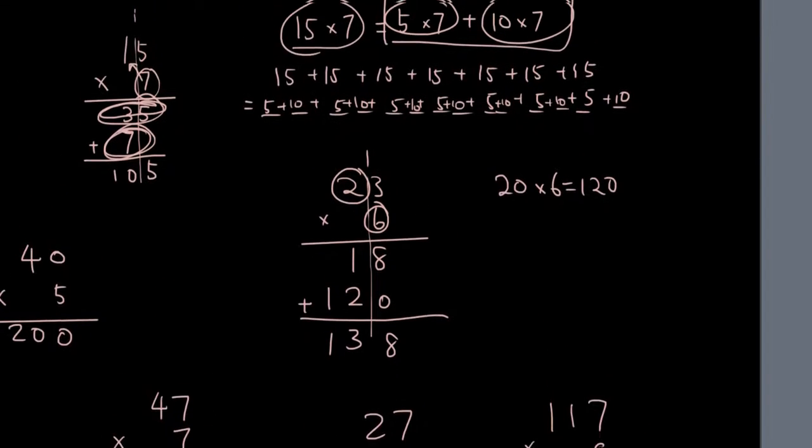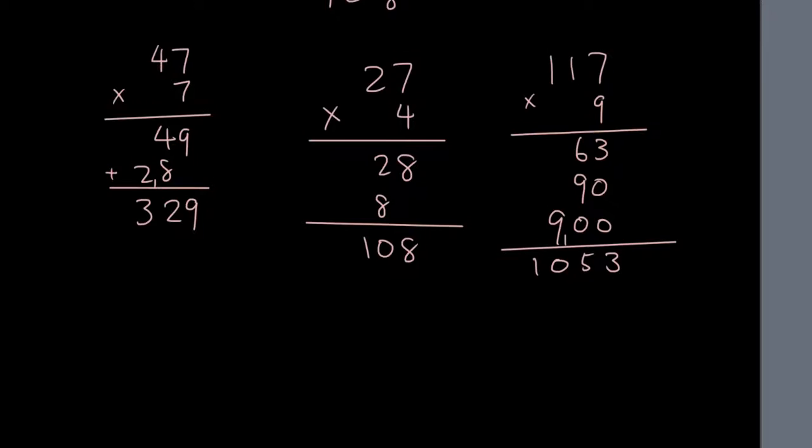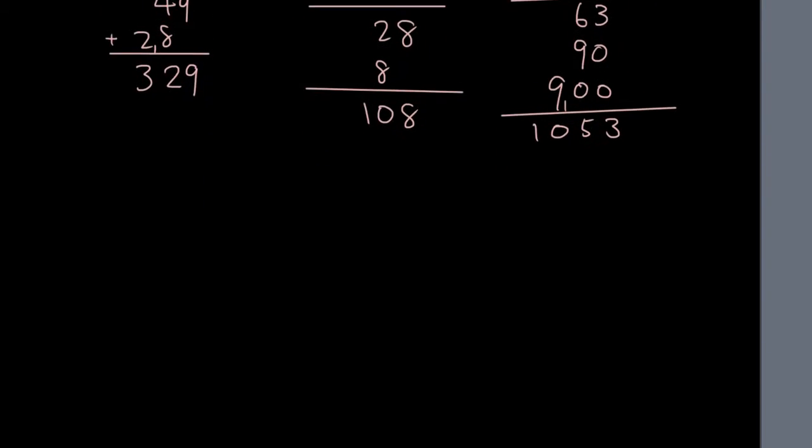Okay, now what do we need to teach you guys? 2 digits times 2 digits. So let's do 23 times 45. Okay, so now you have 5 times 3 is 15. 5 times 2 is 10.